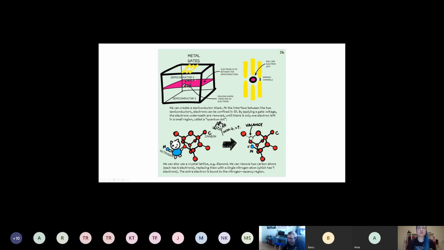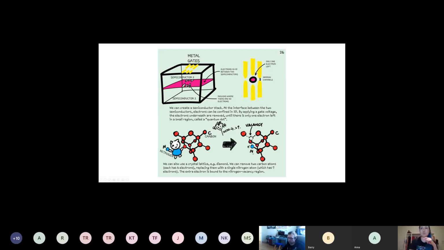Instead of in semiconductors and building the reducing dimensionalities one by one, we can also use naturally formed crystals like diamonds, or maybe not naturally, we can also grow diamonds in the labs. And you can carefully remove 2 carbons inside this lattice, have a vacancy and a nitrogen replacing one of the carbons.